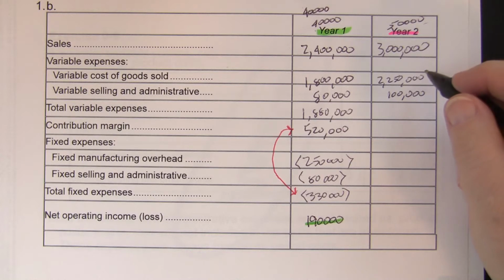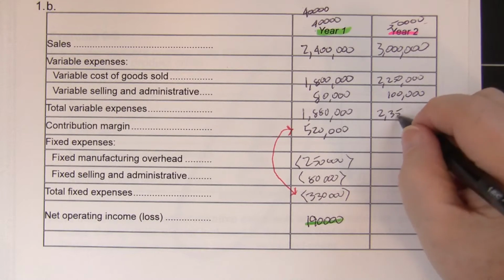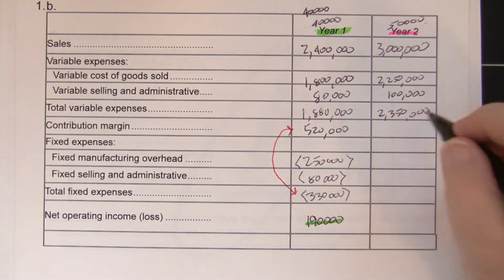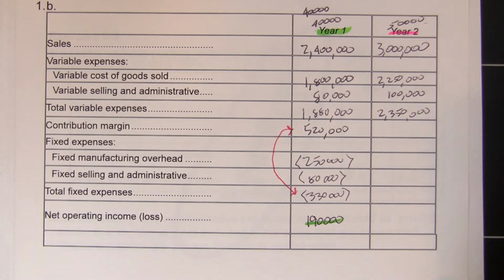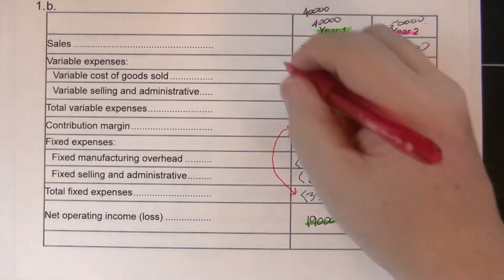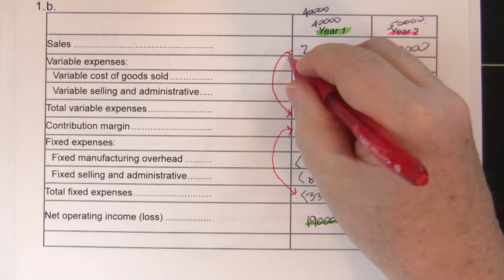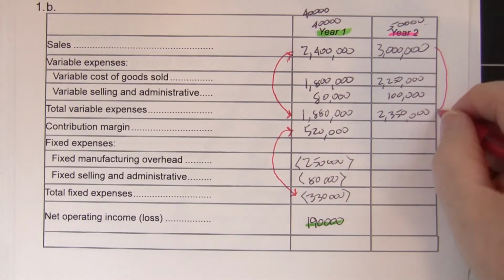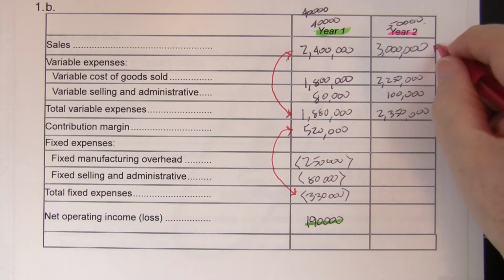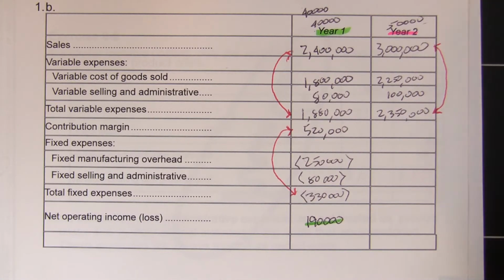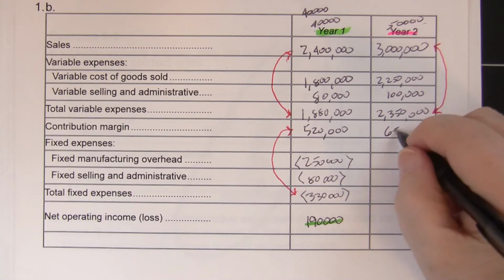So the total variable expenses for year two, $2,350,000. By definition, sales minus variable cost gives us contribution margin, and that contribution margin is $650,000.